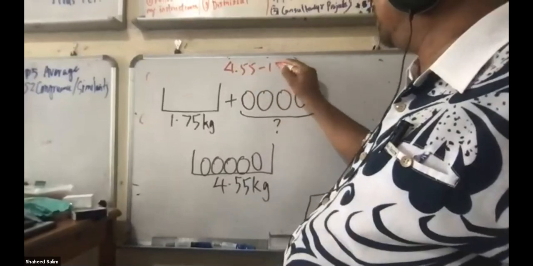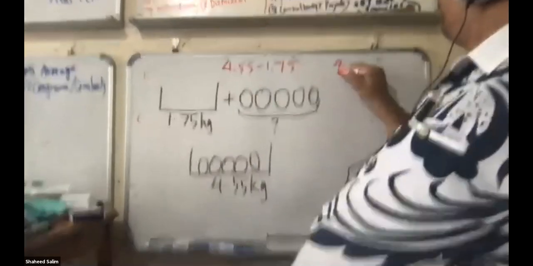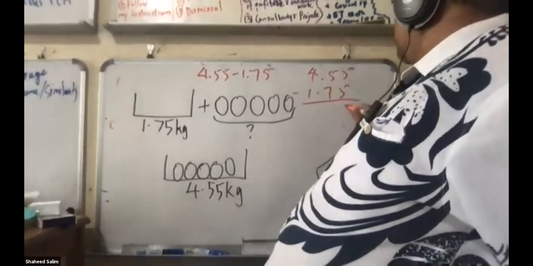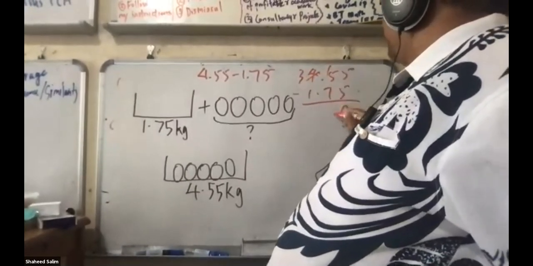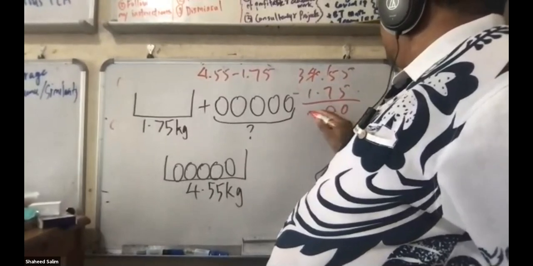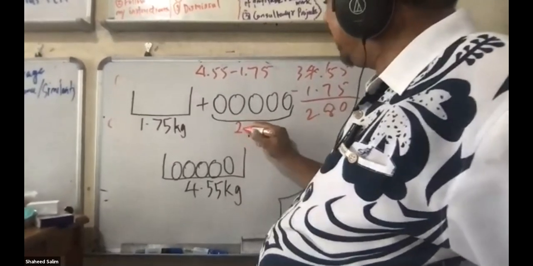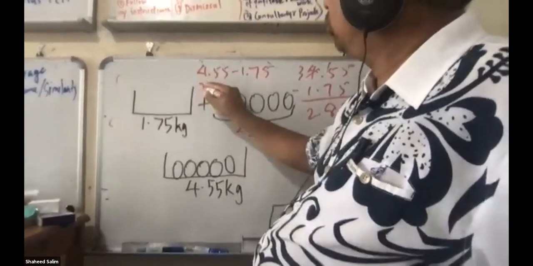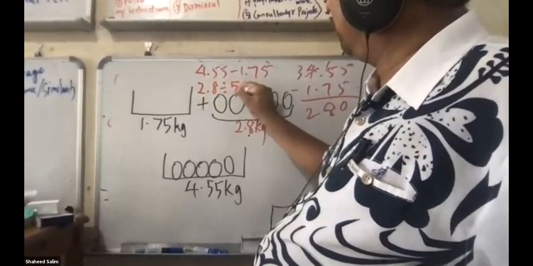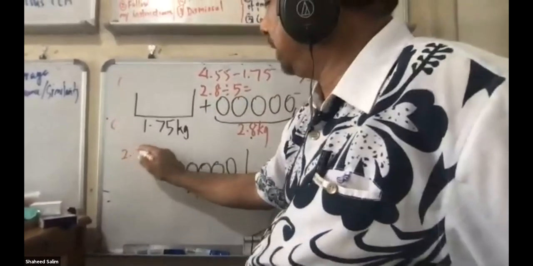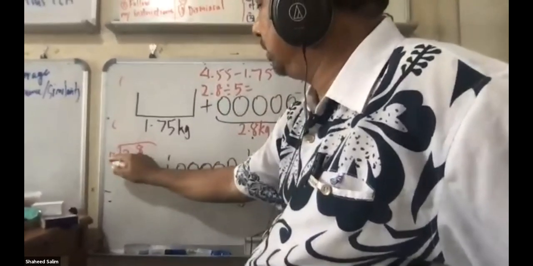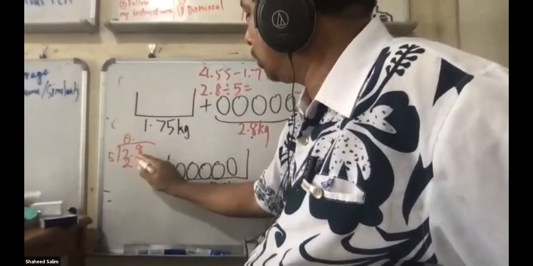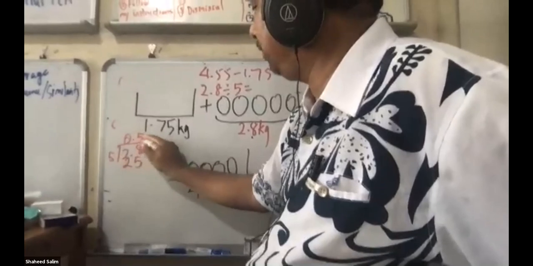So step number 1, you must find the weight of the 5 balls. 4.55 minus 1.75. So how much is that? You get 0, borrow 15, 8, 2.8 kg. This is 2.8 kg only. Now from here, you divide by 5. 2.8 divided by 5. 2 cannot divide, put a 0, then put a dot. 25 can divide by 5, you get 5.